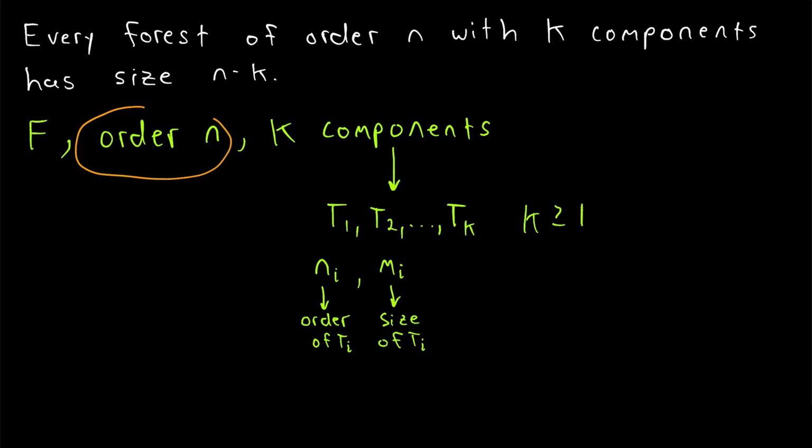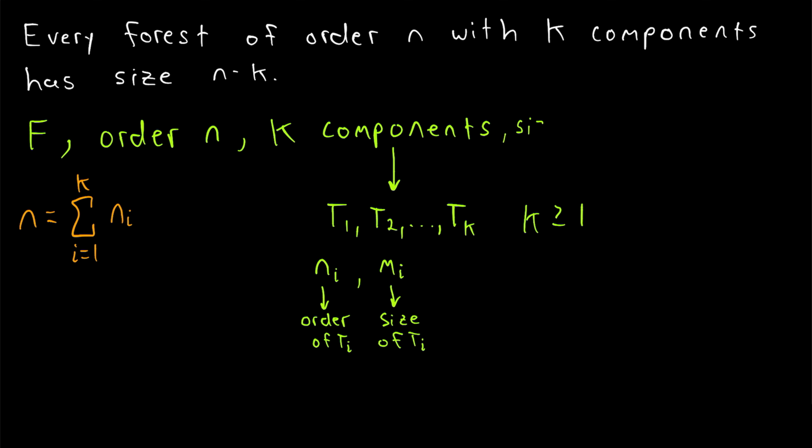Then, how could we rewrite the order of our forest F? Well, the total number of vertices in F has to be the sum of the number of vertices in F's components. So the order of F is equal to the sum of the orders of F's components, all the different trees, which we can write as the sum of n sub i, where i ranges from 1 up to k.